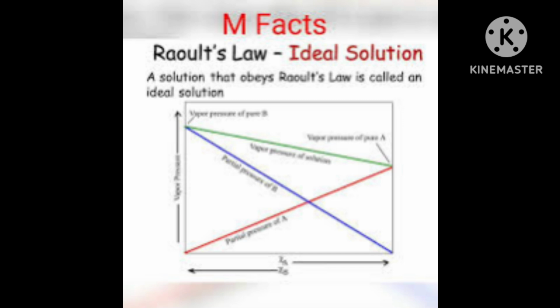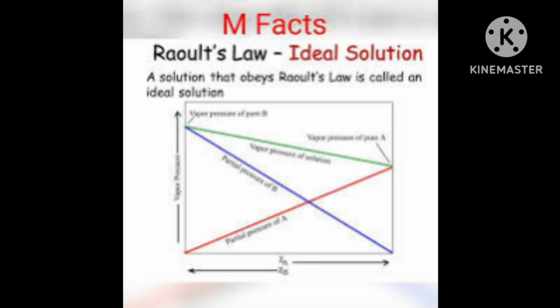We started with x1 equal to 1, slowly decreased, and it became x1 equal to 0 at the end.